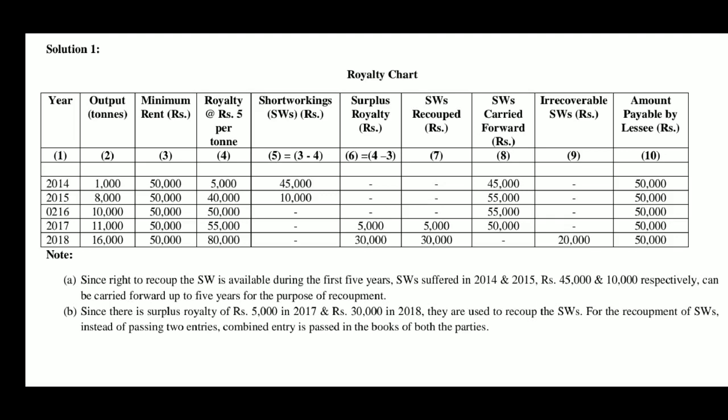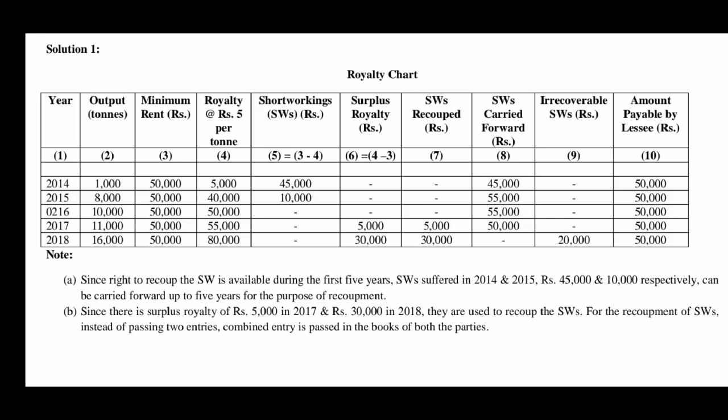See the column number 9, in the year 2018, 20,000 is irrecoverable short workings. It means that out of 45,000 first year short workings, in the second year 10,000, totally 55,000, we could recoup in the year 17 and 18, 5,000 plus 30,000, 35,000 totally. 55,000 minus 35,000 remained is 20,000.